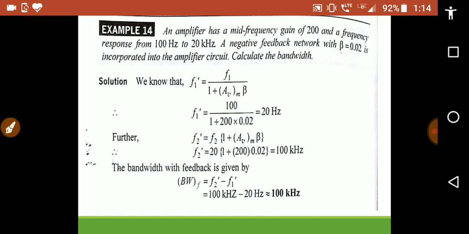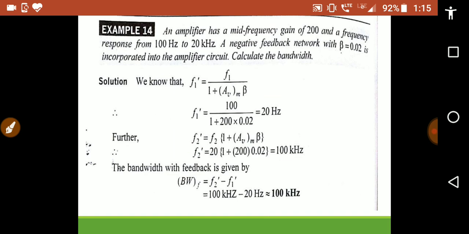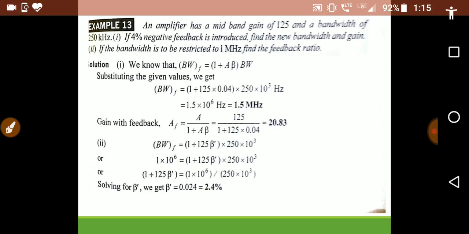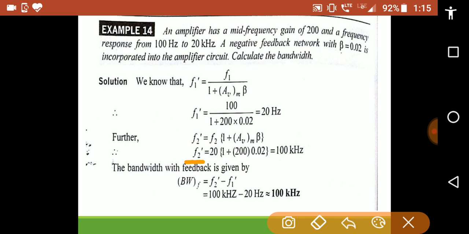Now we also know that the higher cutoff frequency will increase after feedback. So f2 dash equals f2 into 1 plus A beta. Here higher cutoff frequency is 20 kilohertz, so f2 dash equals 20 into 1 plus 200 into 0.02, equal to 100 kilohertz.